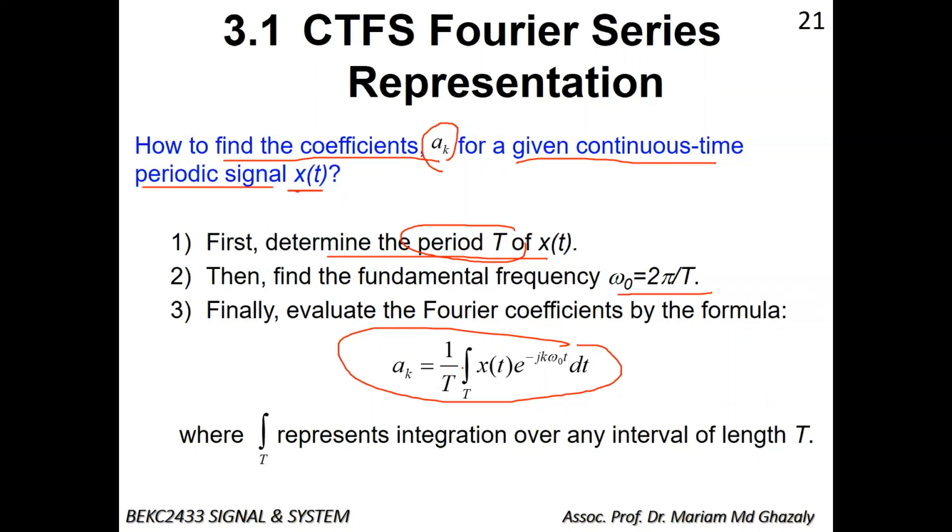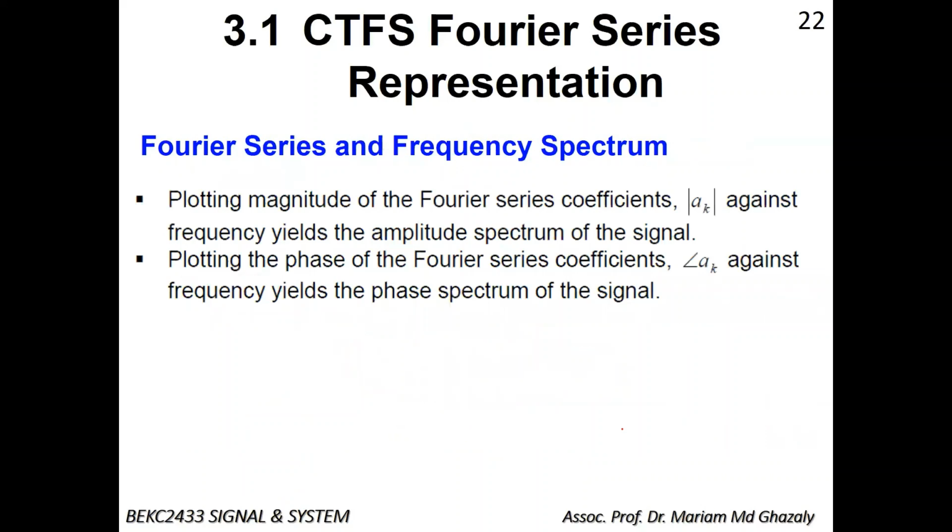So a_k equals 1 over T, from 0 until T, of x(t) e^(-jkωt) dt. This integration represents integration over any interval of length T. Later on we will see an example.